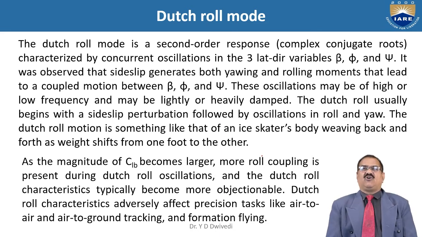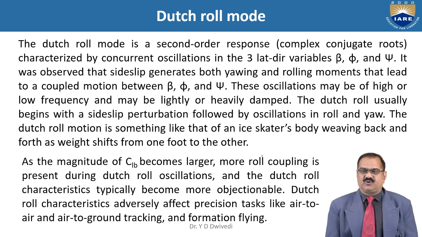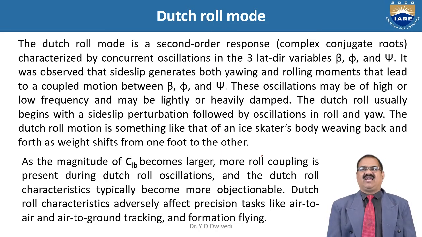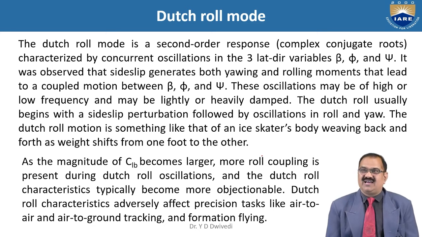The Dutch roll mode is a second order response, with complex conjugate roots, characterized by concurrent oscillation in the 3 lateral directional variables. These are beta, phi and psi. Beta is the side slip angle, phi is the roll angle, and psi is the yaw angle.